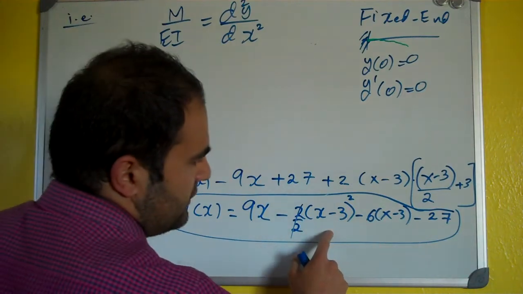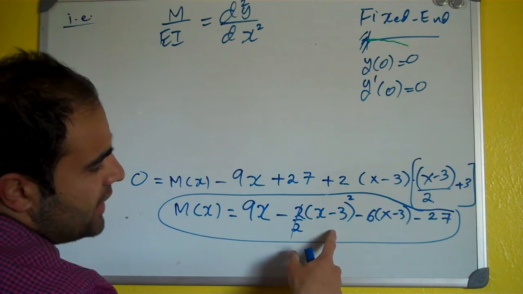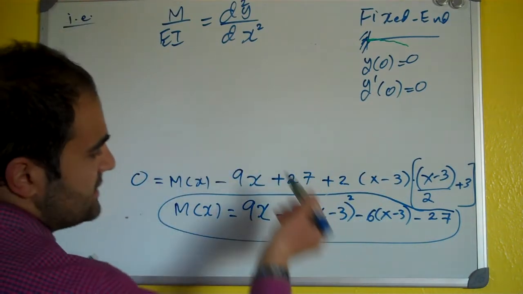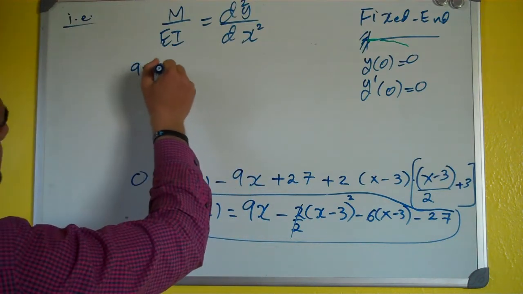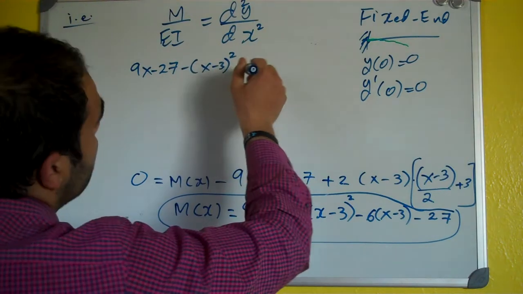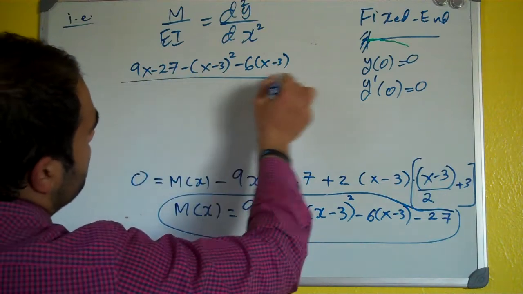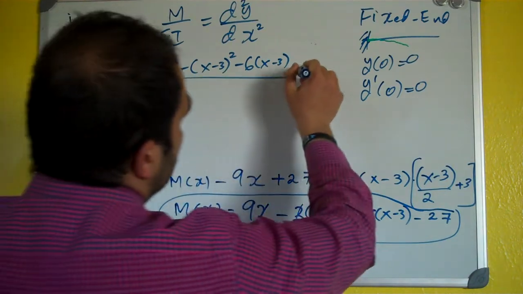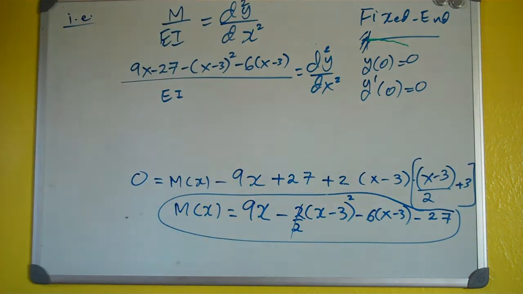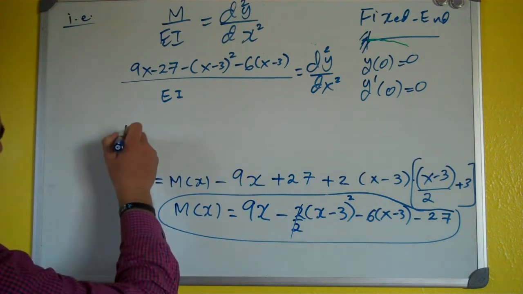So that makes our life kind of easier. Once we integrate it, we take the derivative of that and set it equal to 0. So M is again 9x minus 27 minus (x minus 3) squared minus 6(x minus 3), all over EI, equal to the second derivative. We could keep EI constant.